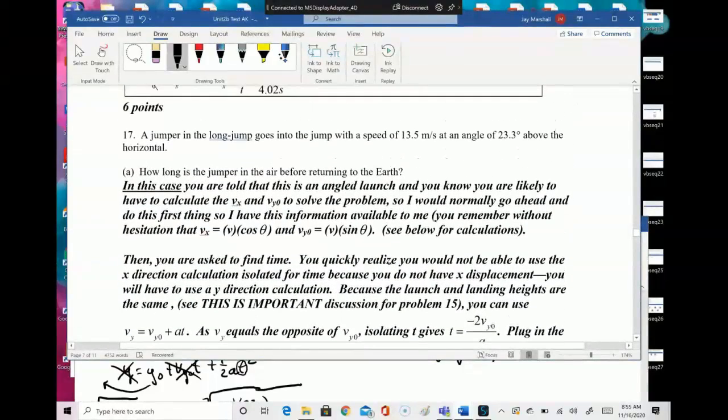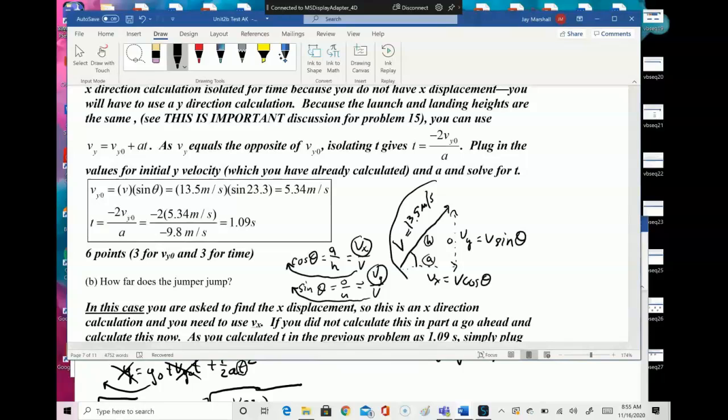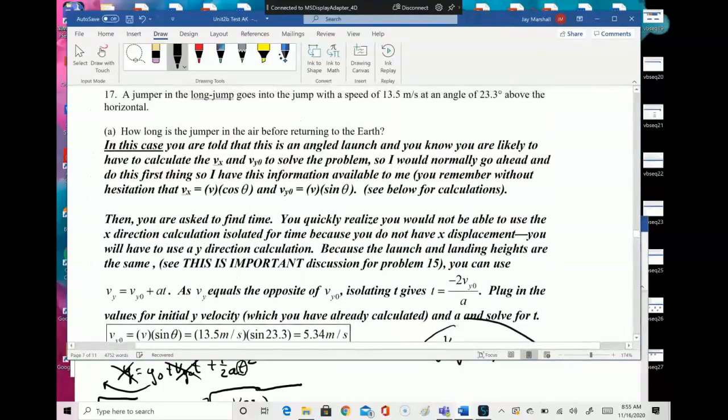Regardless of what the question is asking, and this is about the only time I'll ask you to do something different first than write down something that will answer your question, right? Normally I'll say, write down a formula that will answer your question, and then go. But here I'm saying, do this stuff first, because you'll need those values.